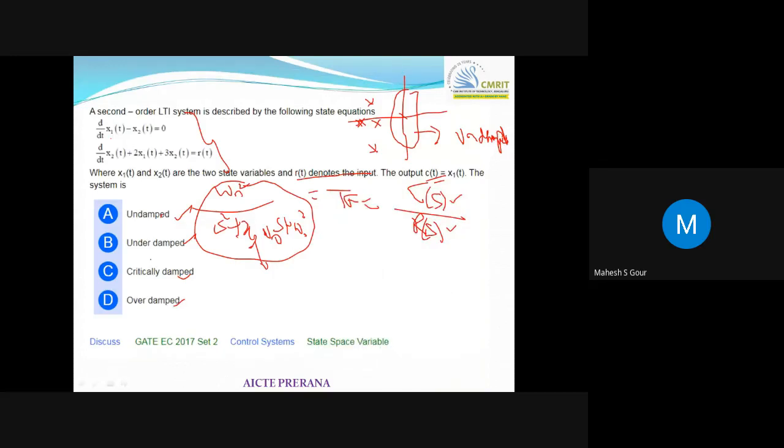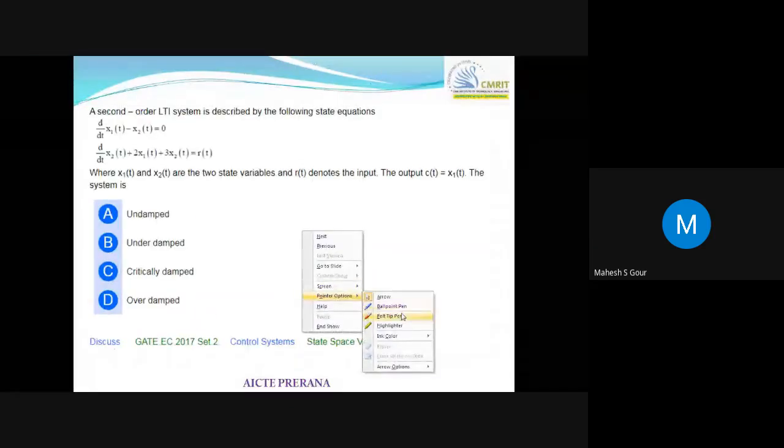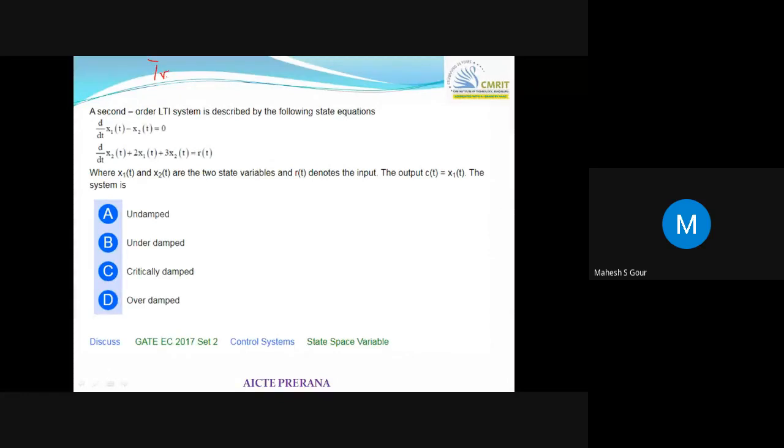Okay, I hope you have understood how to approach the question. Any doubts here? How to approach? I'll solve the problem, no issues. You need to find the zeta value, right? As you know, that is defined by the transfer function, omega n square divided by s square plus 2 zeta omega n s plus omega n square. You are solving this for the first time, so you'll be facing difficulty, no doubt. I solved this almost 20 or 50 times.